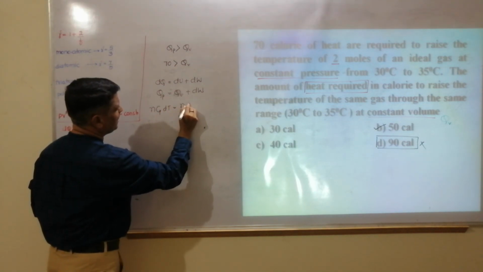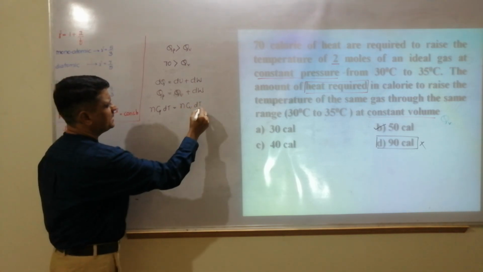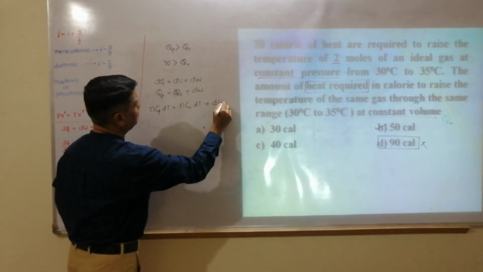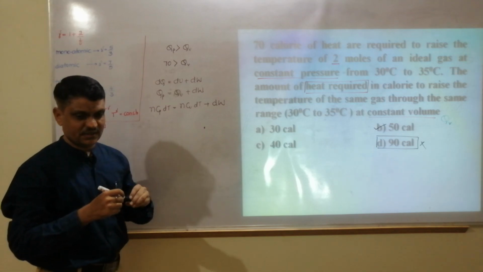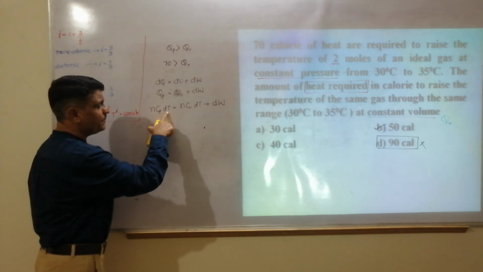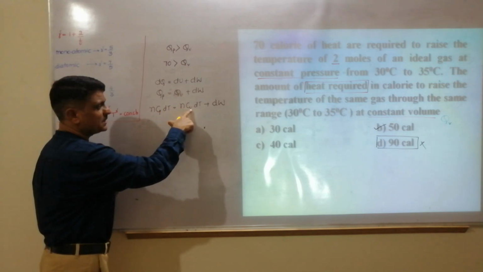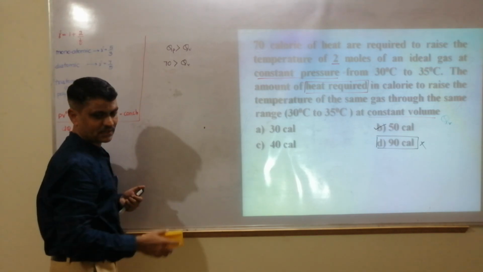This is nothing but nCv dT, like that. Here this is dW, just reminding you. Okay, see, what I want to say here is QP means nCp dT, QV means nCv dT. If you know this relation, I can arrive.